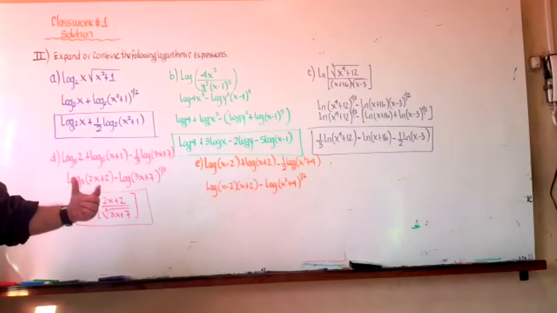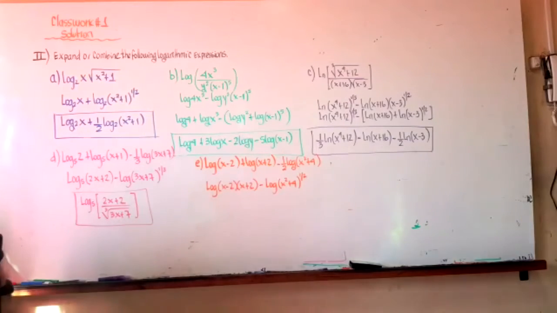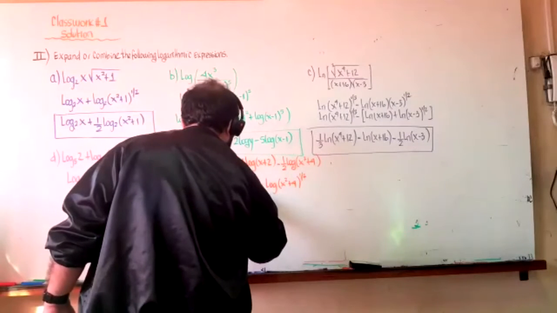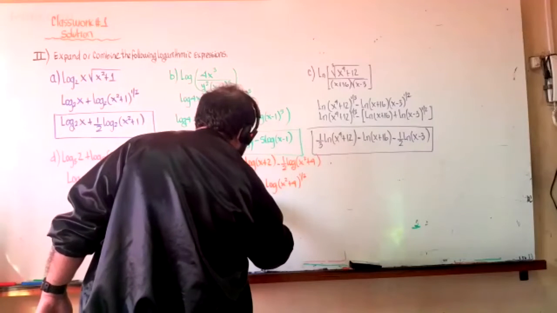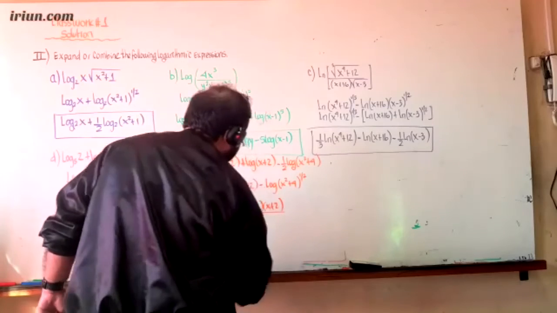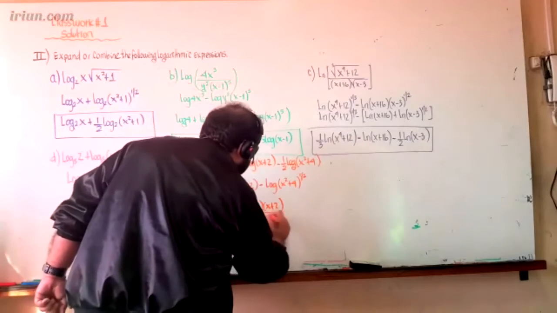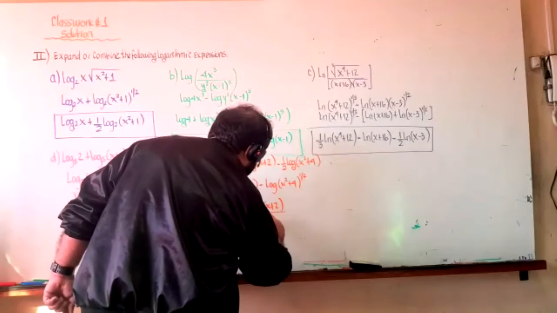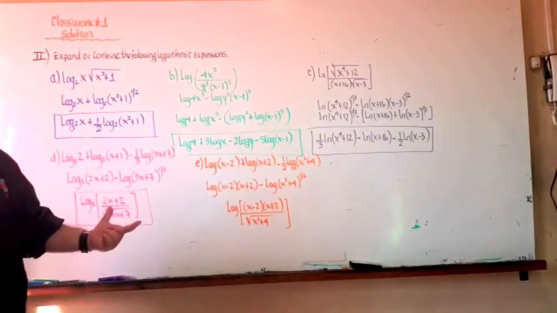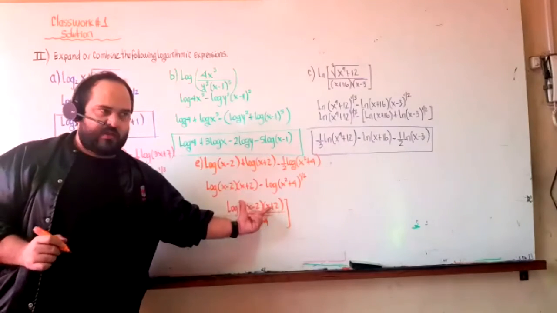Now, because both terms are subtracting, we can combine like a log of brackets x minus 2 x plus 2 over square root x squared plus 4. But we have to simplify this expression. We have to finish with this one.